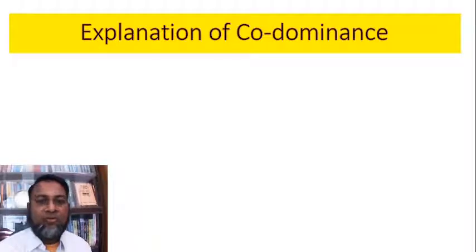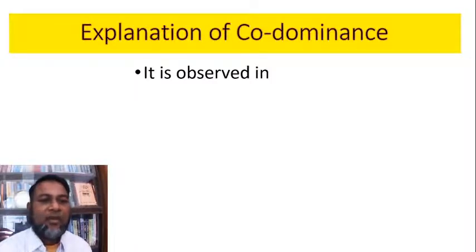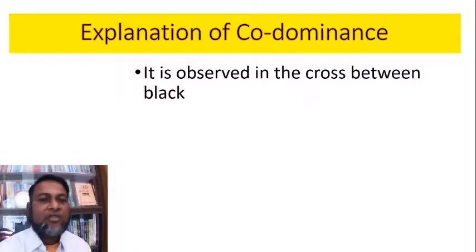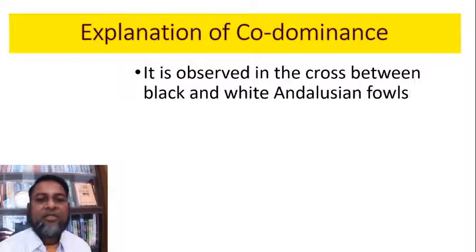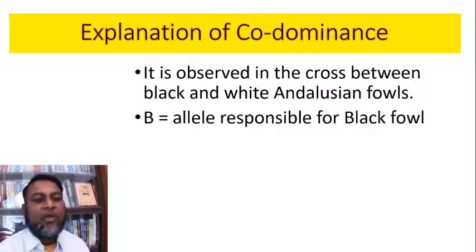Explanation of codominance. It is observed in the cross between black and white Andalusian fowls. Here we use capital B for the allele responsible for black colored fowl.